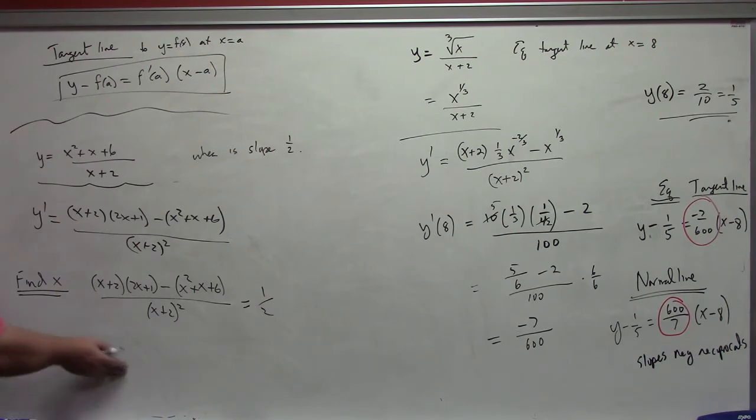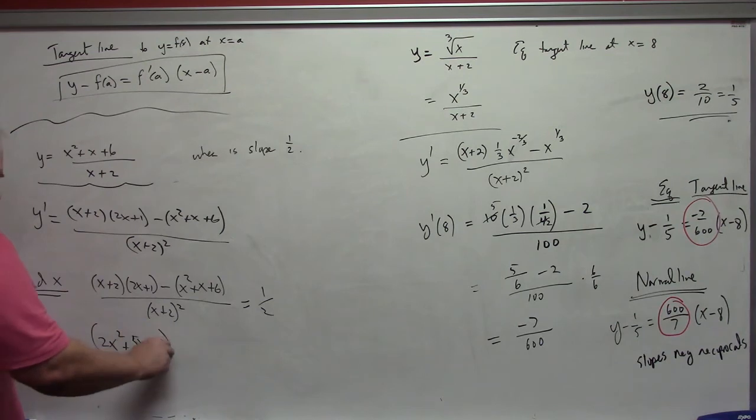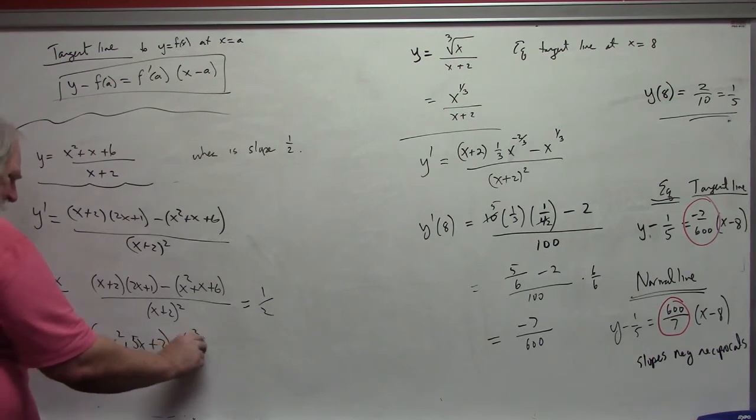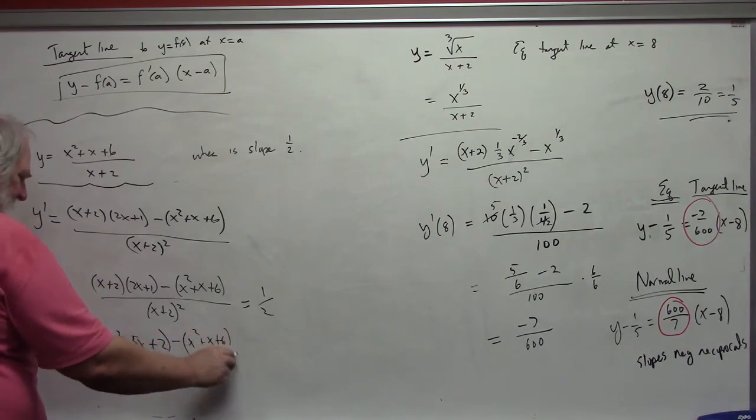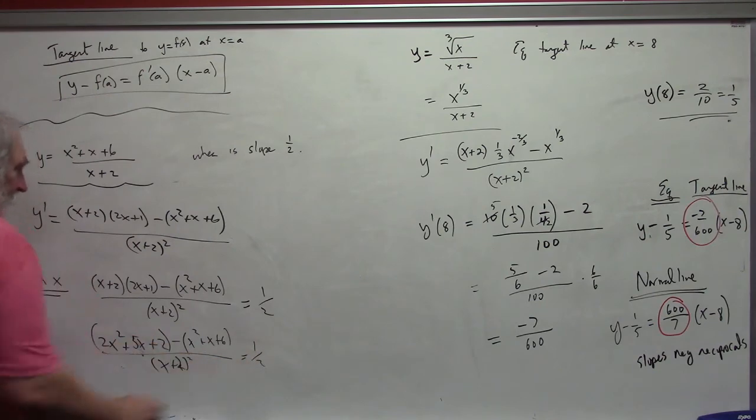So this becomes 2x squared plus 5x plus 2 minus x squared plus x plus 6 over x plus 2 quantity squared is equal to 1/2.